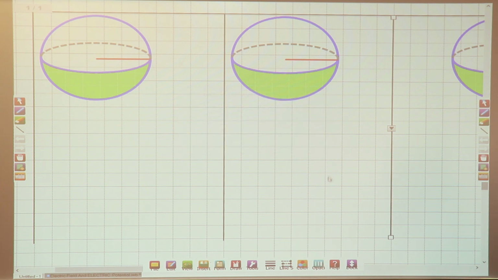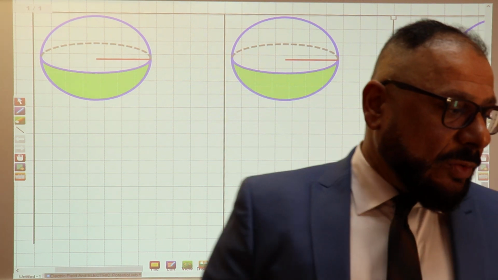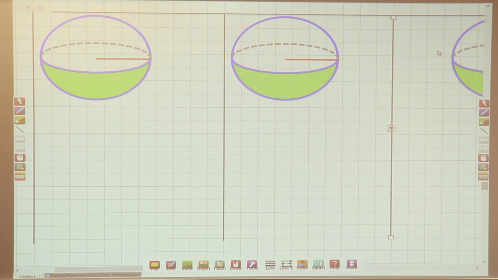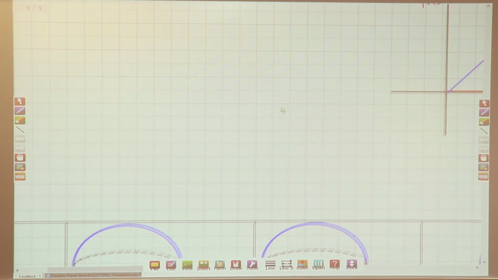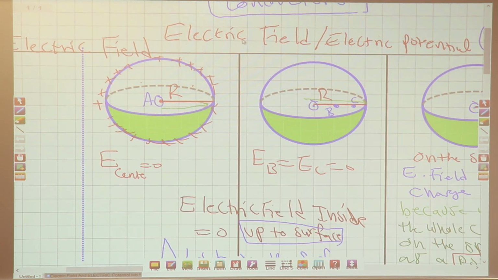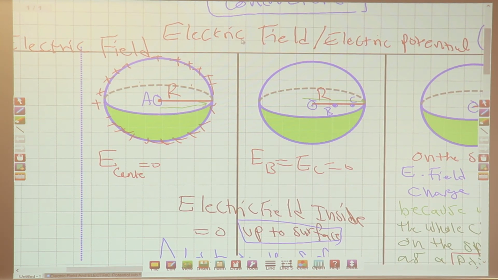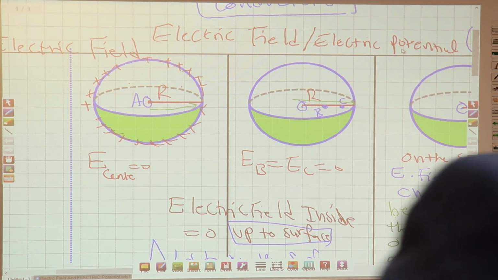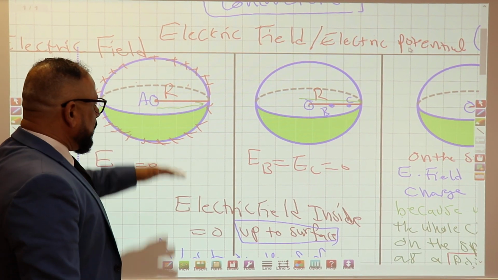Okay, I'm going to do a quick review of what I did yesterday. Yesterday we talked about the electric field for conductors, and we explained that the charge for the conductors stays on the surface of the conductor.